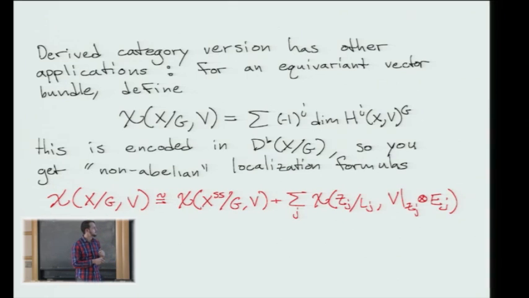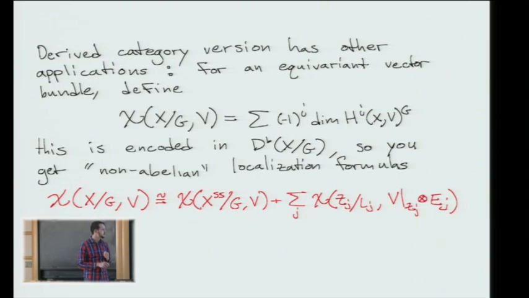But the point is that this expression turns out to be the virtual dimension of the space of maps between two objects in the derived category. So you can realize this numerical thing, which is the virtual space of global sections of some object in the derived category, some equivariant vector bundle.